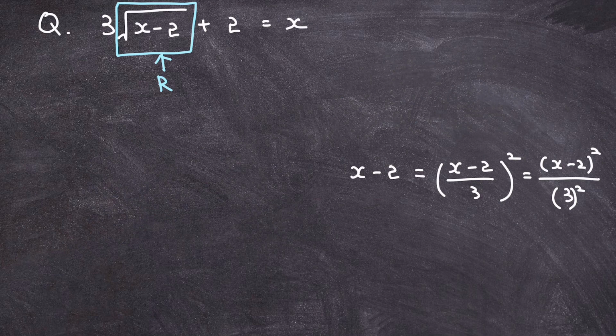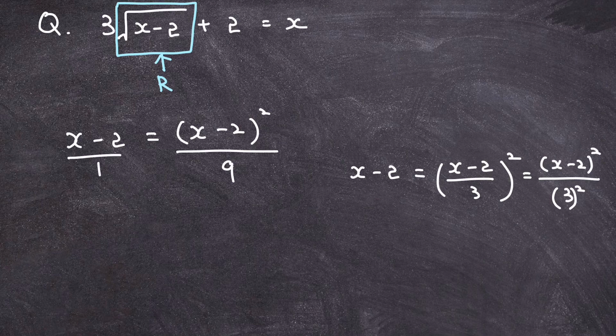I can rewrite that as x minus 2 is equal to x minus 2 squared over 3 squared, which is 9. And I can rewrite it as x minus 2 over 1, and cross multiply and multiply these two together and set it equal to these numbers multiplied together.